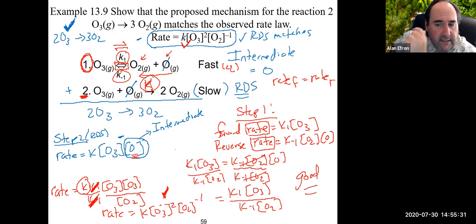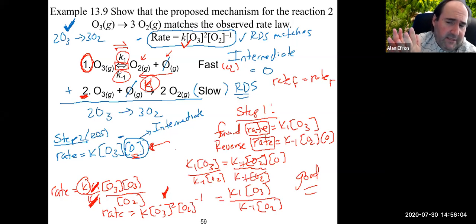Again, it didn't initially match because we were comparing something that had an intermediate in it, like this one. But once we were able to get rid of that intermediate and substitute in something else that's in the overall reaction, we were able to see that it did actually match, and it was the rate determining step because it is a slow step. So pretty much if it's labeled slow, you don't have to think about it. It's going to be the rate determining step no matter what.